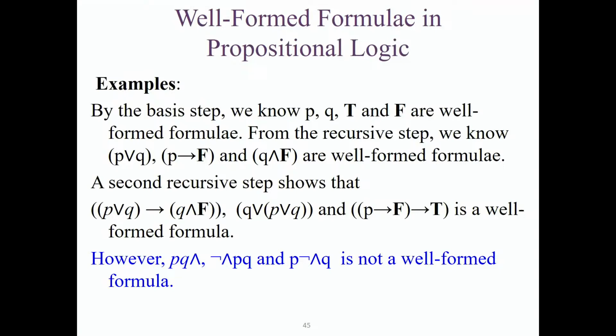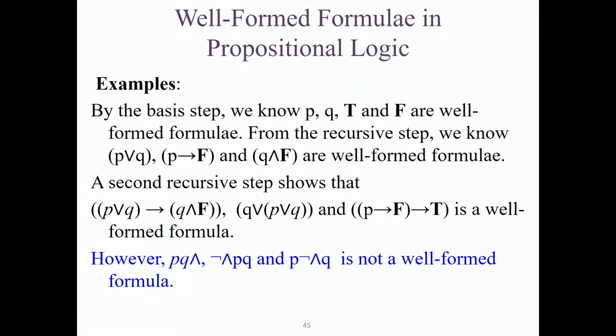Once we jump to the second recursive step, we will have more elements in the well-formed set. For example, this one and this one are all well-formed formulas. So we can use these 3 terms in these 5 correct forms again. For example, we use P or Q as E, and Q and F as F in the previous definition of the recursive step.